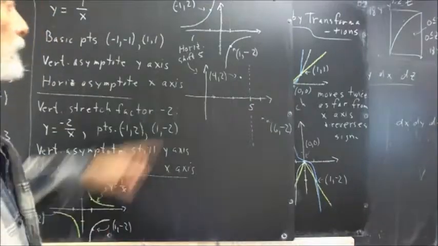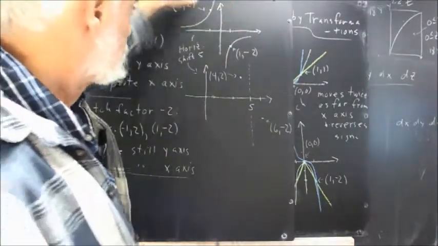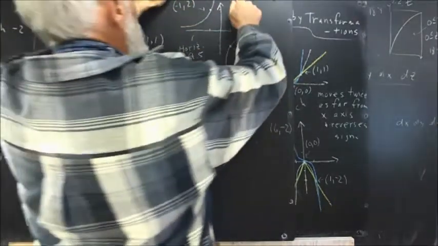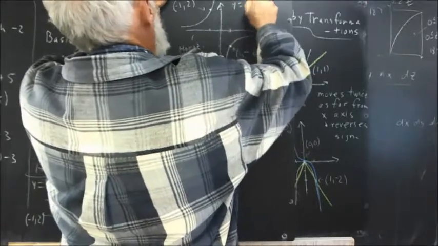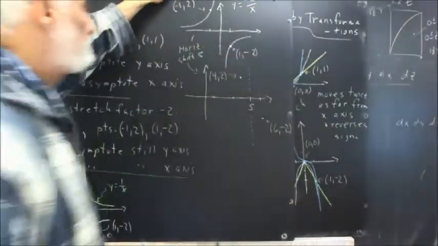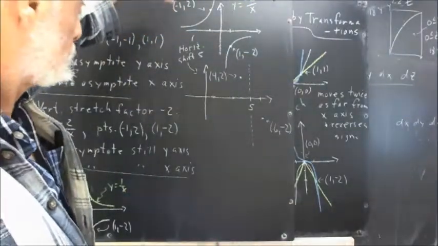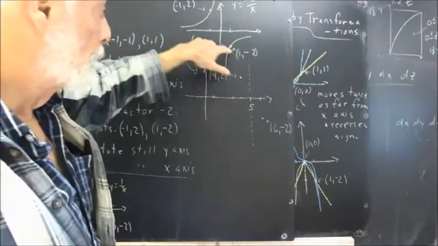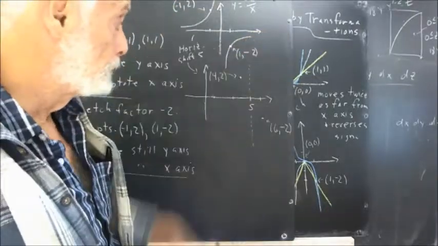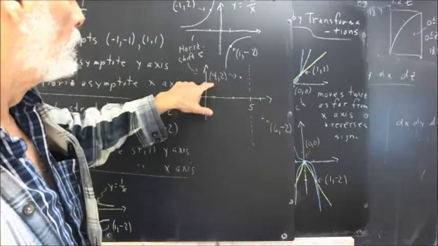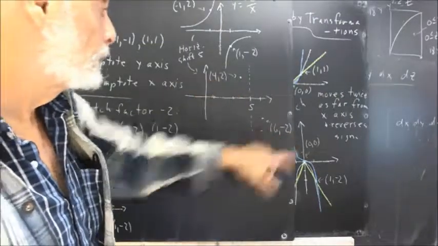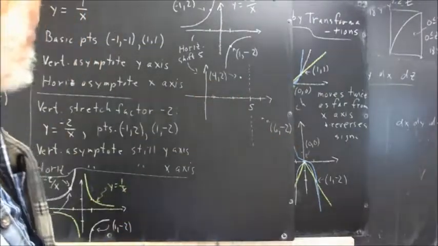I have redrawn the graph of the y equals -2 over x function. The points (-1, 2) and (1, -2) are going to shift 5 units to the right. That's going to put them at (4, 2) and (6, -2), as you should be able to easily verify.